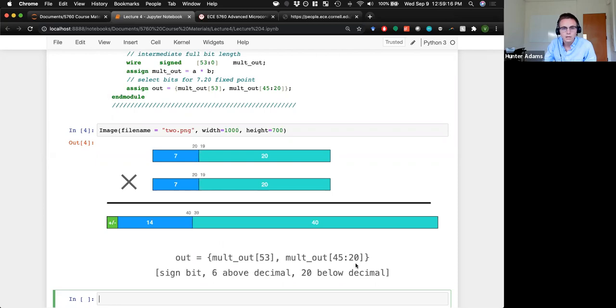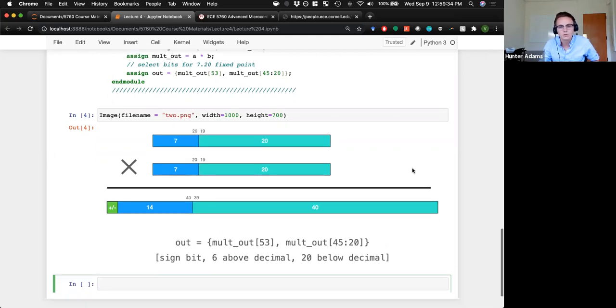So if you are building one of these multiplier modules, you have to think carefully about which bits you're selecting. It's an easy mistake to make, right? So these specific numbers depend on the size of the registers that you're multiplying.